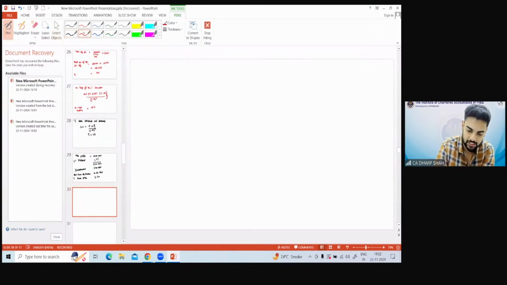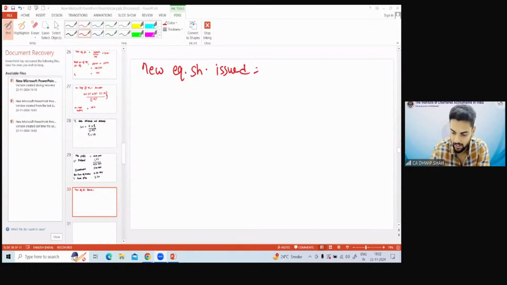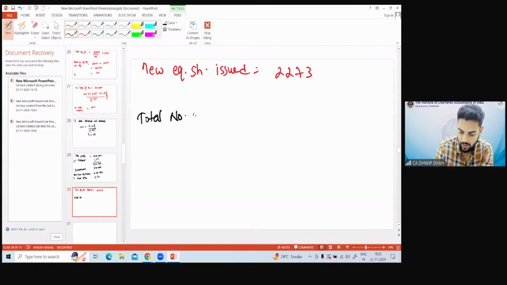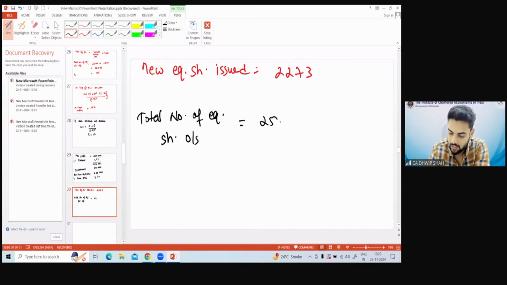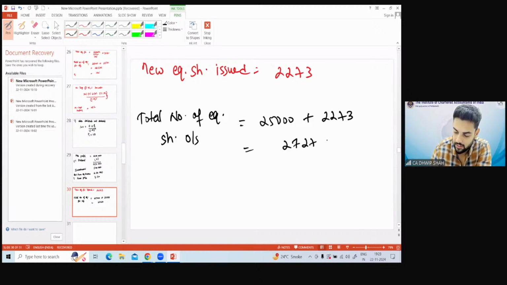So tell me, how many new shares came? New equity shares issued, how much? 250,000 divided by 110, 2273. So can I say my total number of equity shares outstanding would be 25,000 existing plus new issued at the end of year 1, so 27,273.